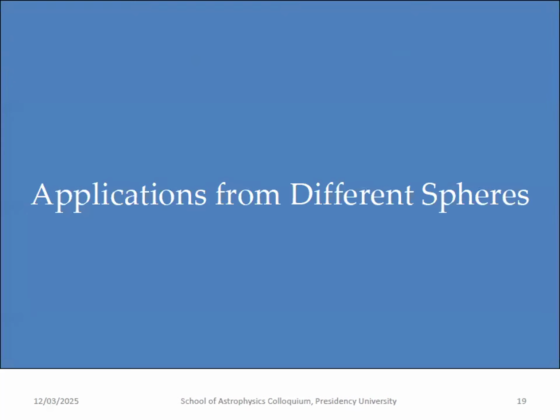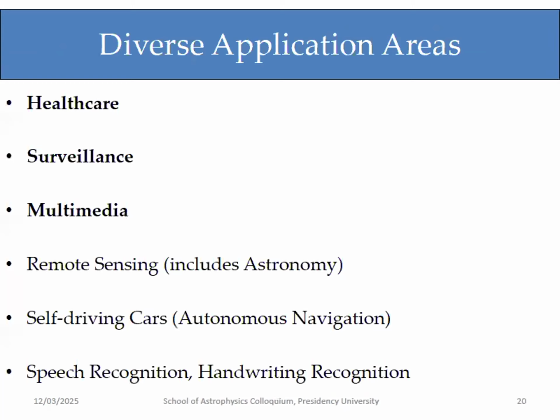And then let me show you certain applications from different spheres before I really discuss the two problems. These are some of the areas on which we have been working, and I have a number of examples. The application of pattern recognition in remote sensing has been there, and I also included some slides on astronomy.